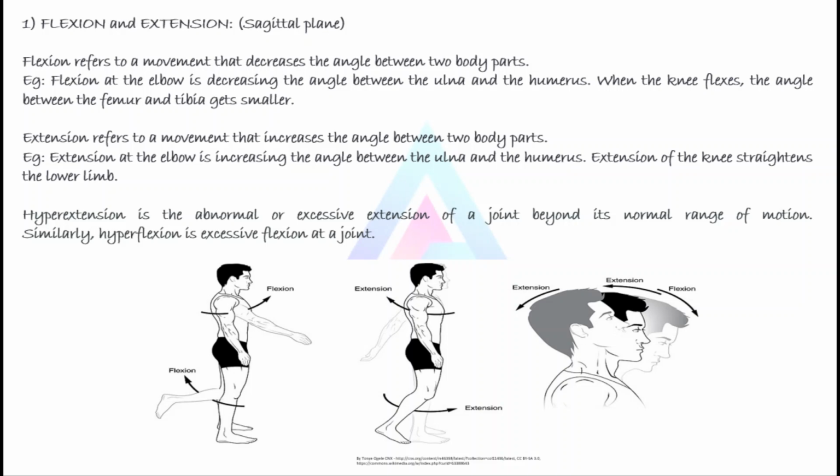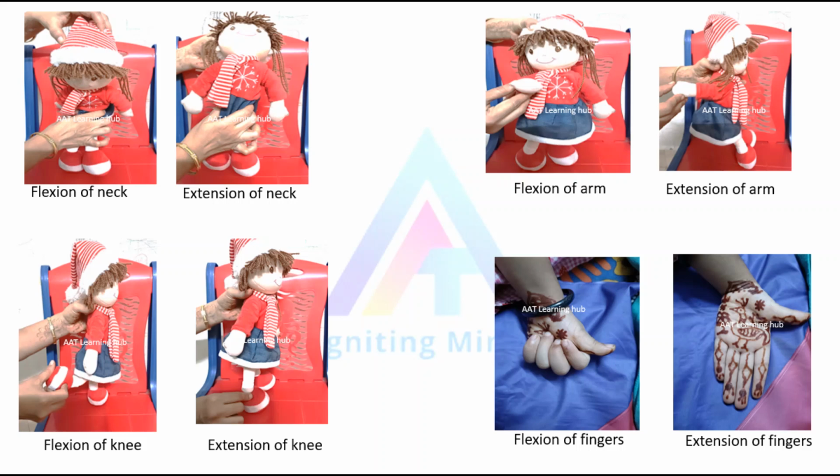What is hyperextension and hyperflexion? So there is another movement which is abnormal or excessive extension of a joint beyond its normal range of motion. So that's either hyperextension or hyperflexion. Let's look at some examples of flexion and extension. Chin towards the chest is flexion of neck.